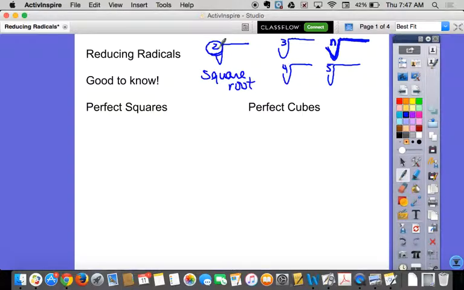Now what they're getting at is when you do a square root, basically you have to, well, it's kind of hard for me to explain here. If I do the square root of 25, let me take this out of the way. 25 is made up of 5 times 5.